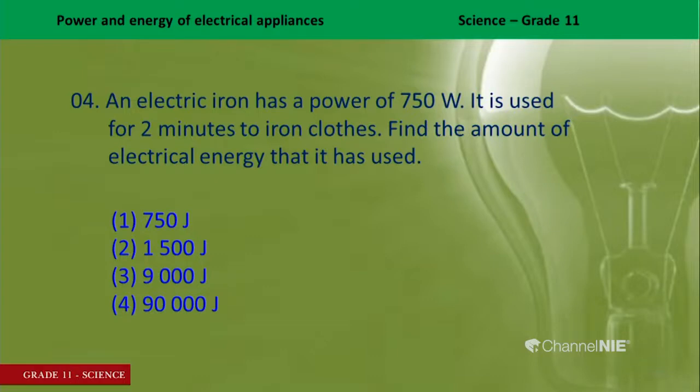We know the power, which is 750, but time is given in minutes. You need to convert that into seconds. You know how to do that? You multiply 2 by 60, then you get 750 into 120. What's the answer you get? 90,000 joules, because you are asked to find energy. Let us see how to do this also in the next slide.